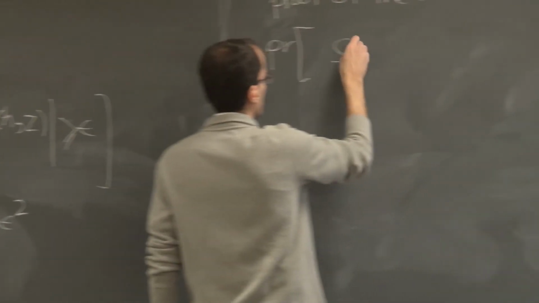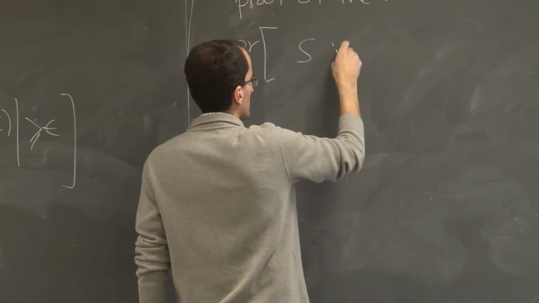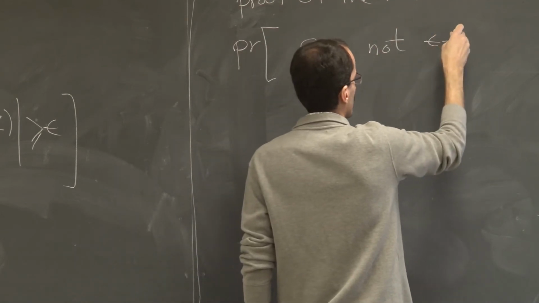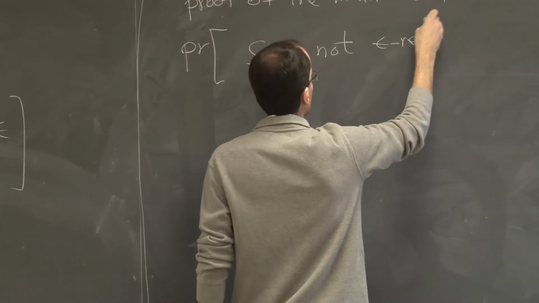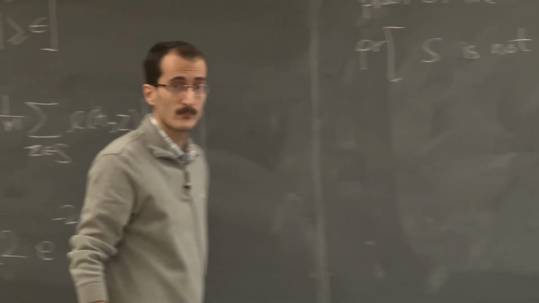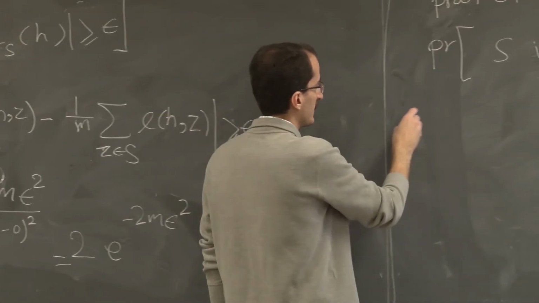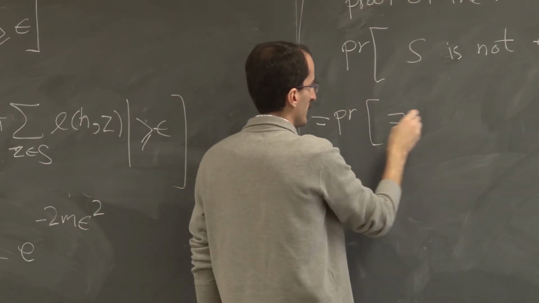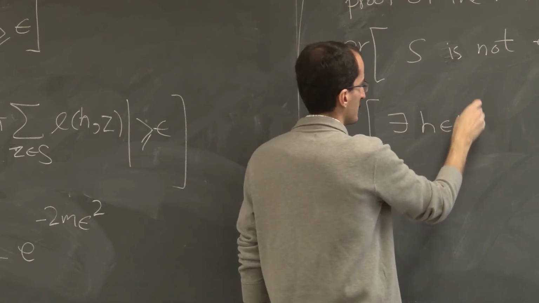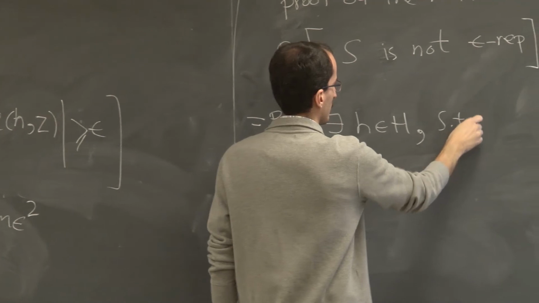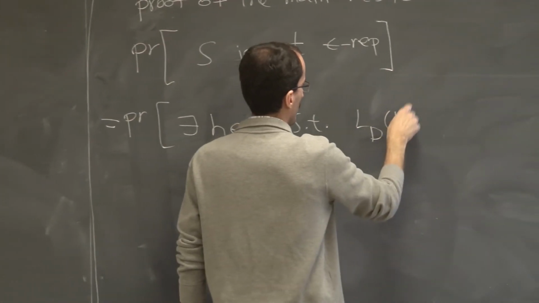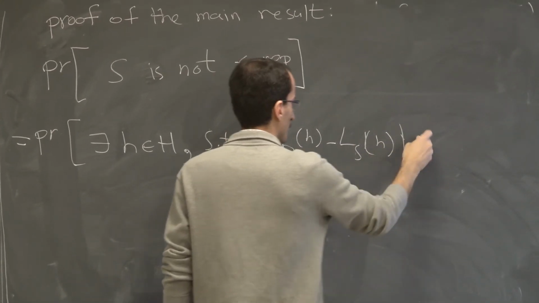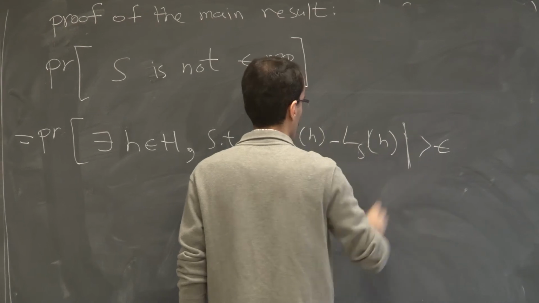So the probability that S is not epsilon representative, we can rewrite it like this: there exists one H in H such that LD of H minus LS of H is greater than epsilon.